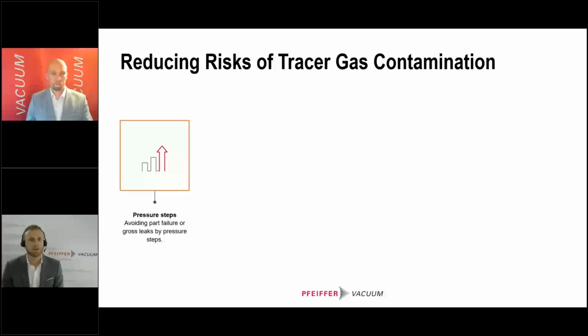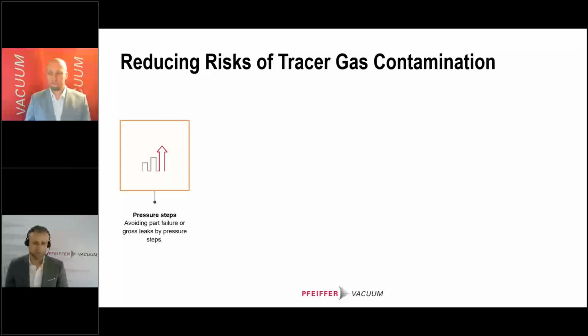But yeah, speaking about tracer gas contamination and possible ways of reducing the risks for that, the first one you can see here on this slide is pressure steps and also the implementation of a gross leak test before the actual test.